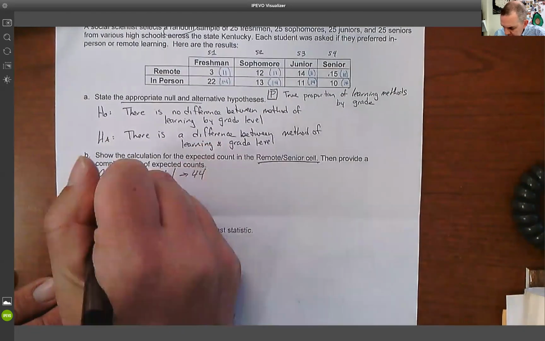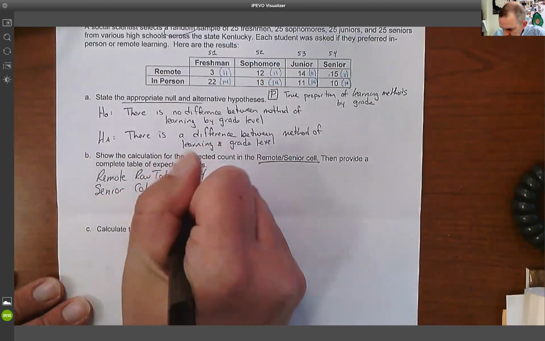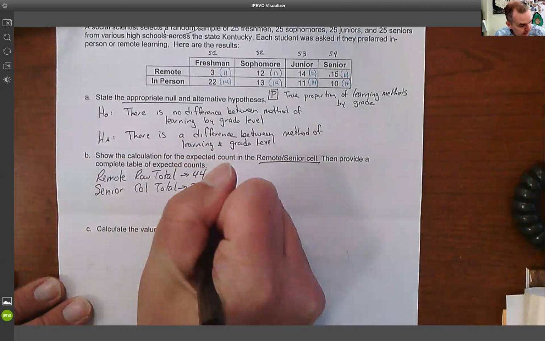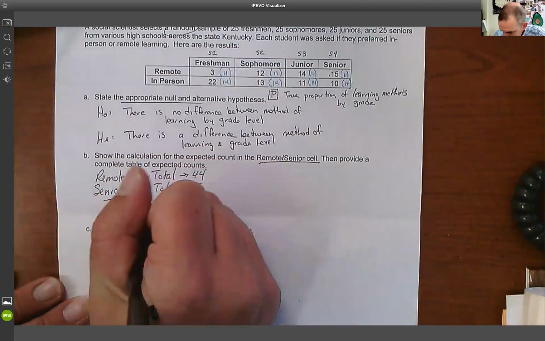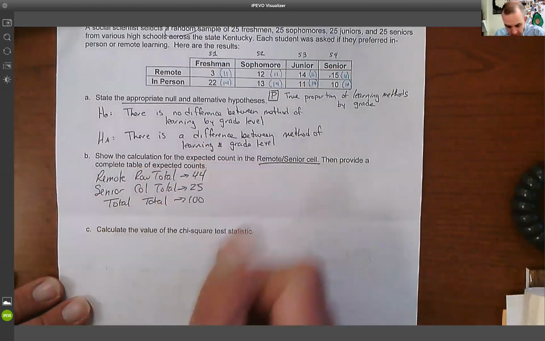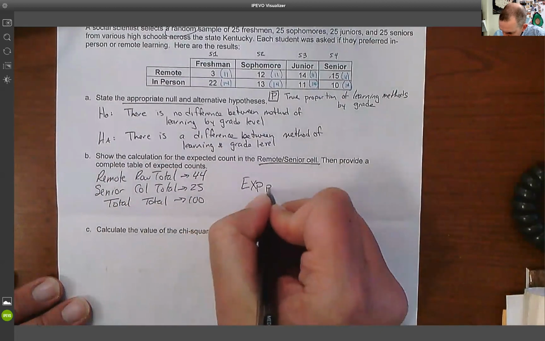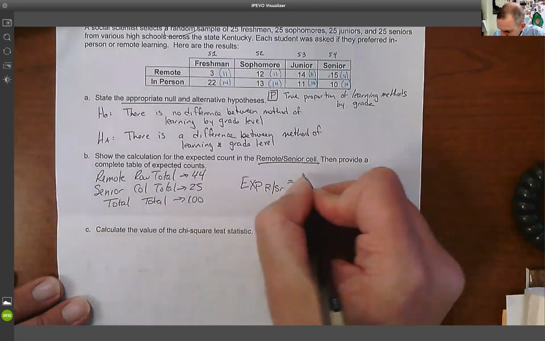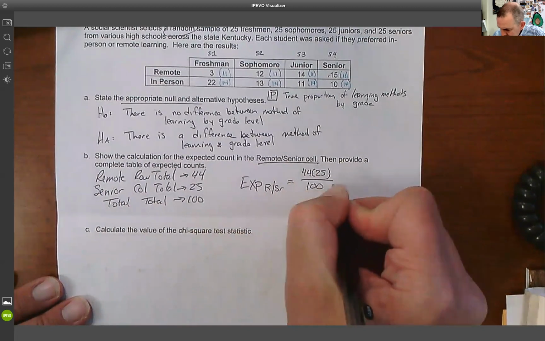Senior column total is 25, and our total is 100. So if I wanted to get my expected remote senior, it's 44 times 25 divided by 100. That's how we get 11.